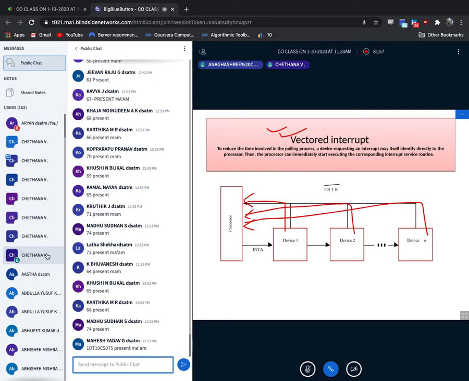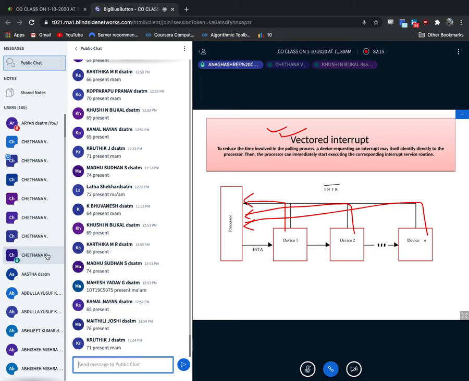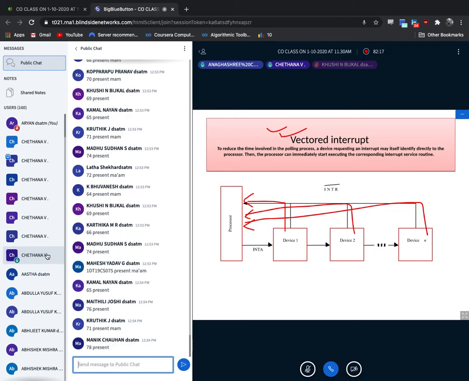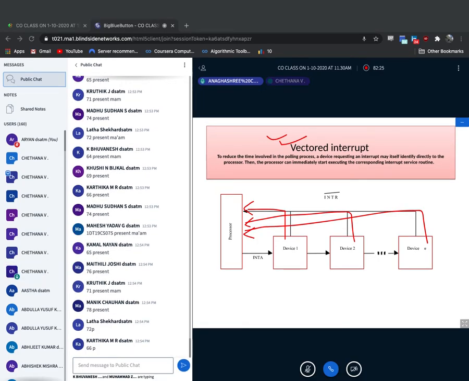Pranav. Ma'am, Kushi present. Kritik. Lata Shekhar. Lavanya. Present, ma'am.